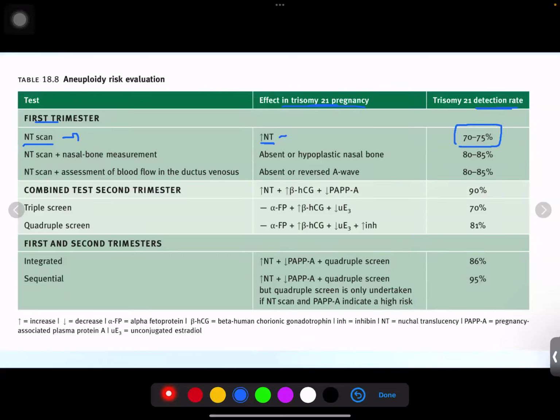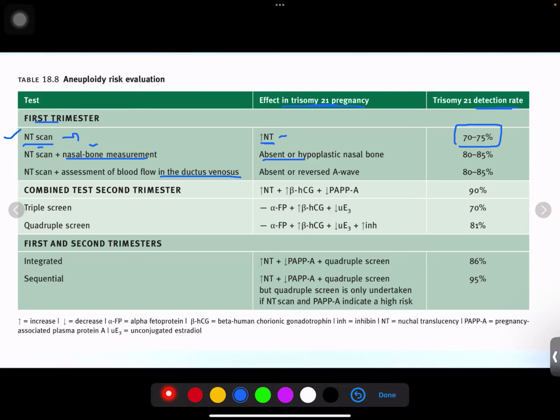There are a few ultrasound markers of Down syndrome as well. We are doing ultrasound, we are doing the NT scan. Then on ultrasound, you do NT plus nasal bone measurement.